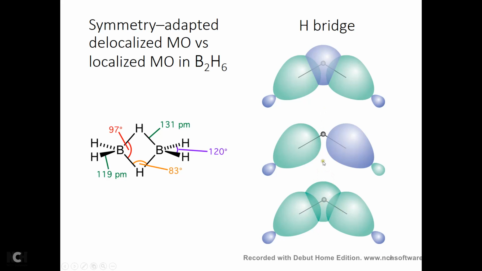And over here, one node, over here, two nodes. So again, those are symmetry adapted MOs, and you can see this hydrogen can be bonded to these two borons simultaneously. And these are called symmetry adapted delocalized MOs. That can be used to explain the phenomenon of those hydrogen bridges.